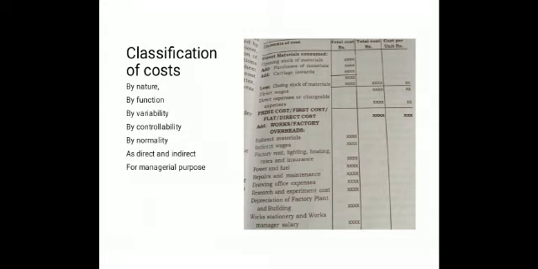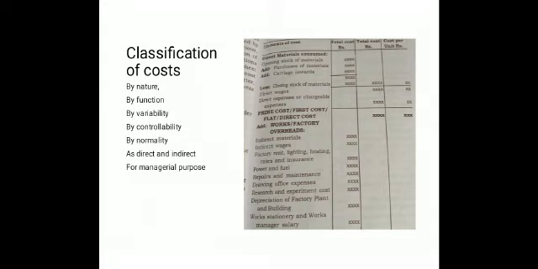Direct costs are those which can be identified with and allocated directly to a cost unit or cost center, whereas indirect costs cannot conveniently be allocated but can be apportioned to cost units or cost centers. They are known as overheads or burden or on-cost.